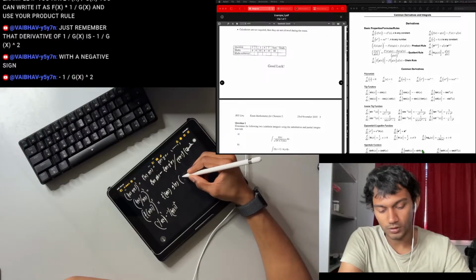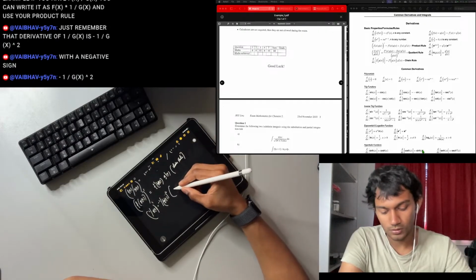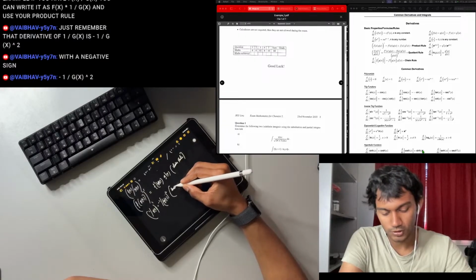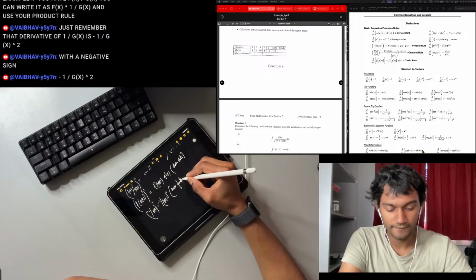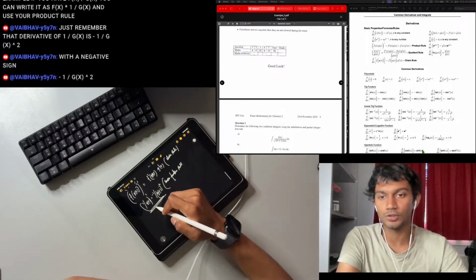What's this one called? I don't know, it could be inverse function. Inverse function rule. I appreciate this one though. That could save me some time.